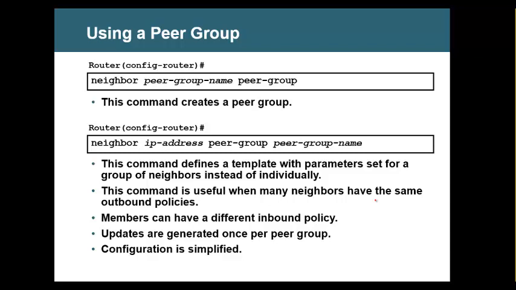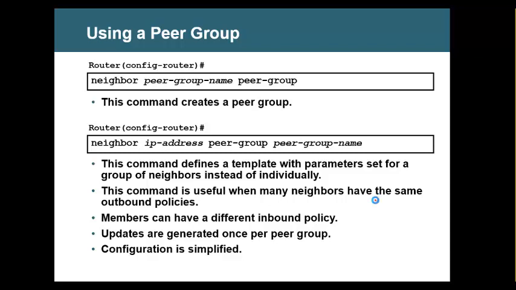Whenever sending an update to those neighbors, we need to source it with loopback 0. That is also outbound. So anything that is outbound and common for many neighbors, we can use this template called peer group.